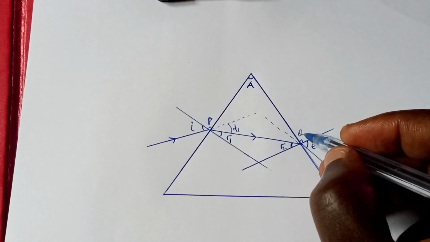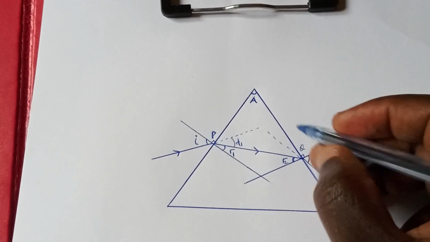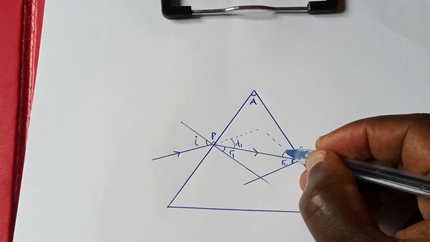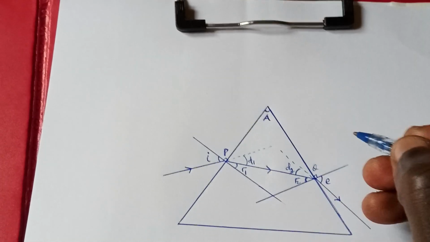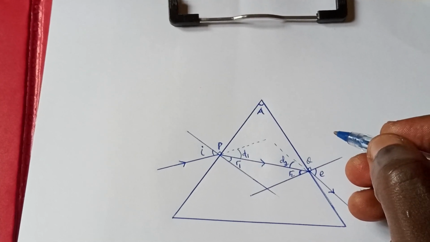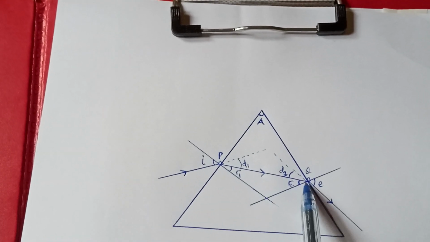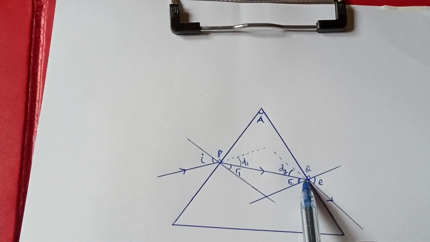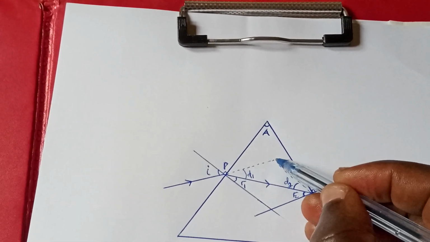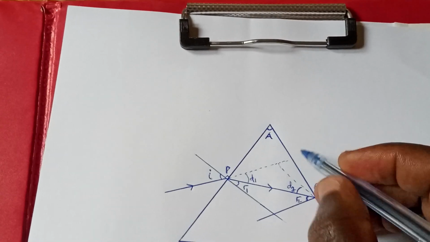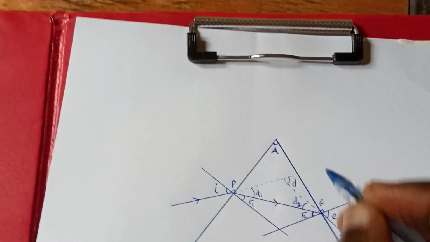So the angle between the refracted ray and the would-be path of the ray becomes the second angle of deviation. So we have deviation 1 at point P and deviation 2 at point Q. Where these two rays meet, we are forming another angle which we are calling D.